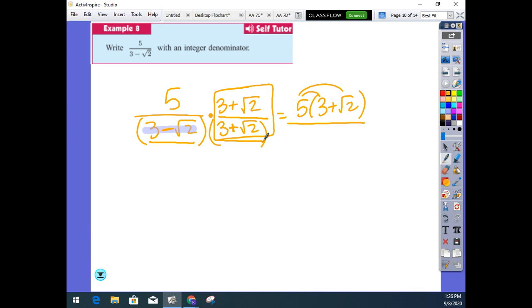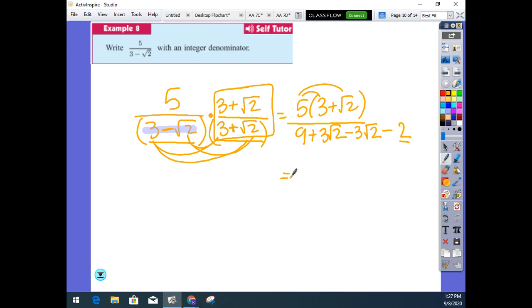All right, so distribute the 3, 9. Distribute the 3 plus 3 radical 2. Distribute the middle, minus 3 radical 2, minus 2. The square root of 2 times the square root of 2 is 2.